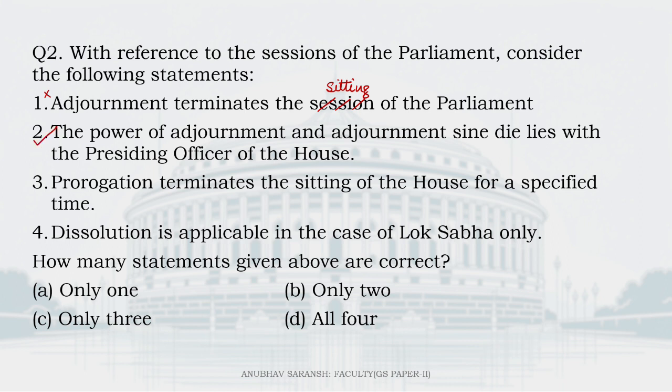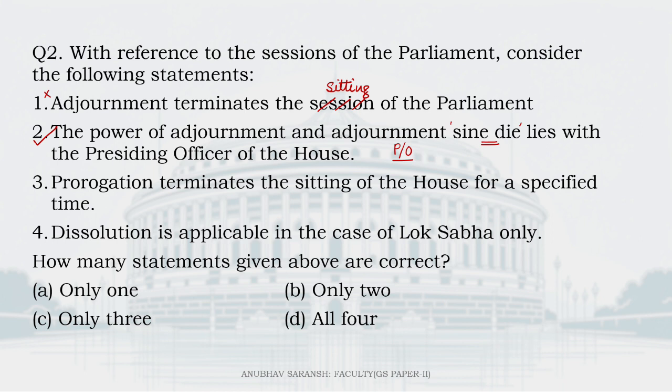Adjournment basically means the sitting for the day is over and the house will meet after a particular specified or fixed time, whereas sine die means the date of next meeting is not fixed, and usually the last sitting of any session is adjourned sine die because the presiding officer has no idea when the house will meet next for the next session, right?